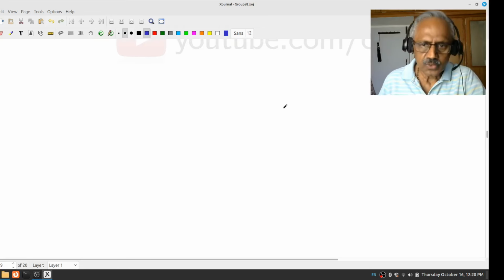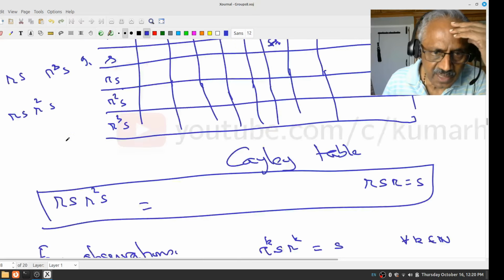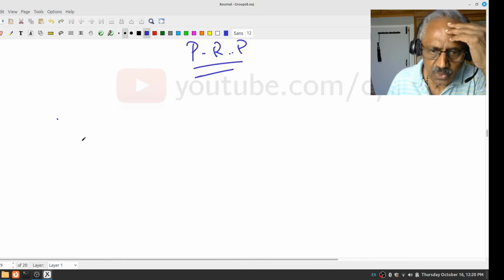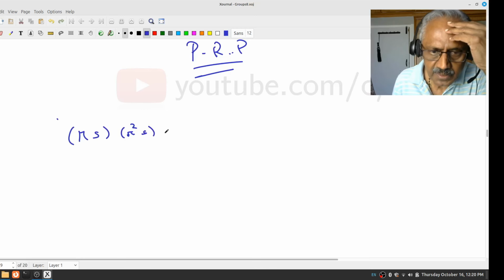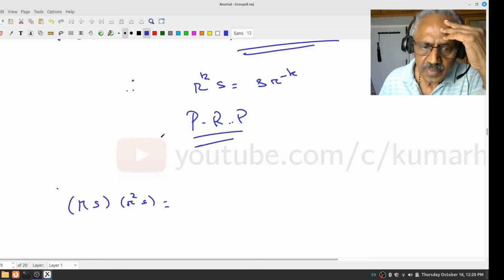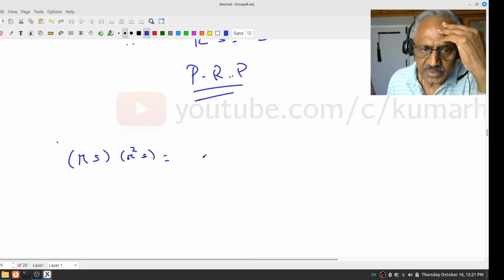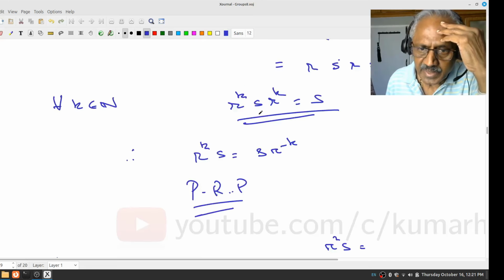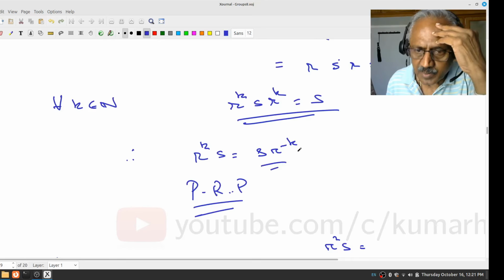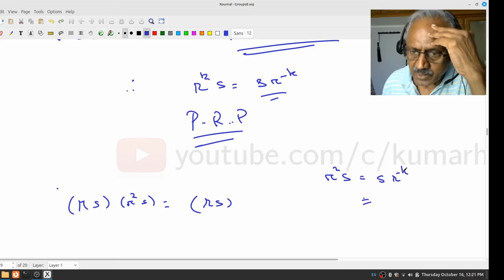Okay. So now let's go to the next one. Now what did I want to conclude? I think rs into r squared s. So I have rs into r squared s. Is that clear? Now r squared s, you know what it is. Look at that, r to the power k into s is s into r to the power minus k. Therefore r squared s is s into r to the power minus 2.